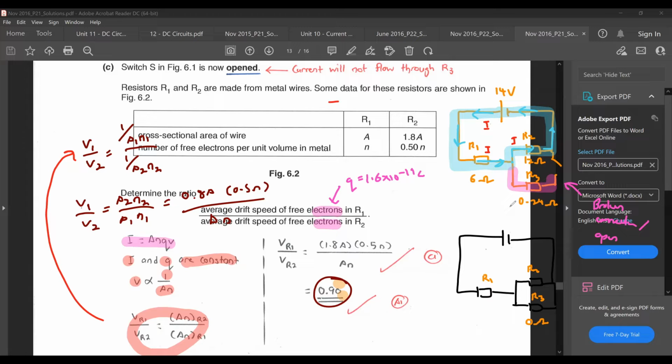So when current was flowing, it went like this, reached this junction, and went all the way down before going here. This part here is your short circuit. So current will flow like this only.